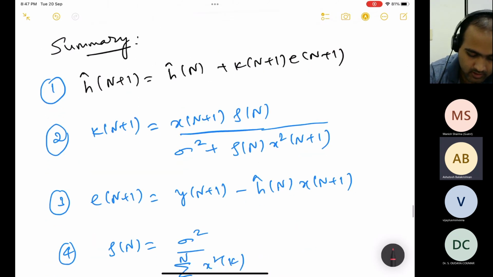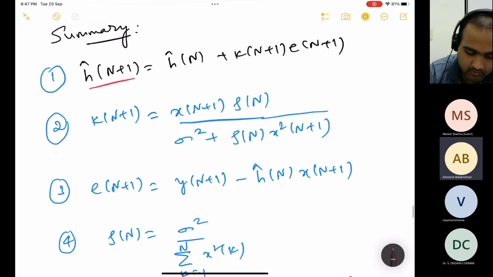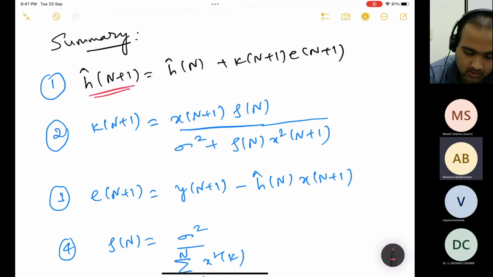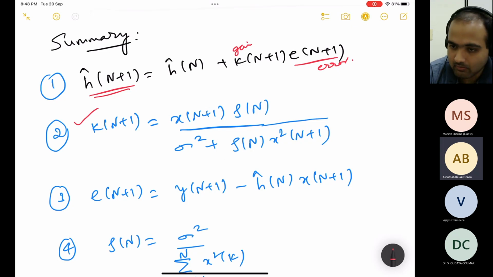So if I summarize, we have h hat n plus 1, which is h hat n plus k n plus 1 times e n plus 1. This is my gain equation and this is my error equation. Here k n plus 1 is given as shown in 2, so this is x n plus 1 rho n divided by sigma square plus rho n x square n plus 1.